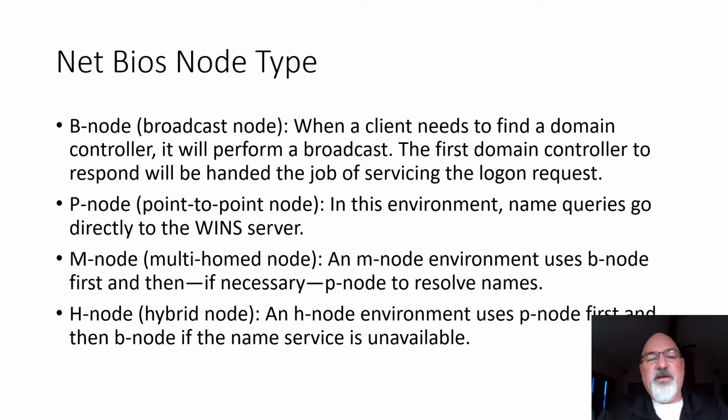There's B node, P node, M node, and H node. H node is hybrid mode, which most people are configured for. It just says I'm going to use the P node first and then B node, and P node is point to point. So in this environment, name queries go directly to the WINS server first if there was a WINS server. And if not, then I'm going to broadcast it and go to the broadcast functionality of it.